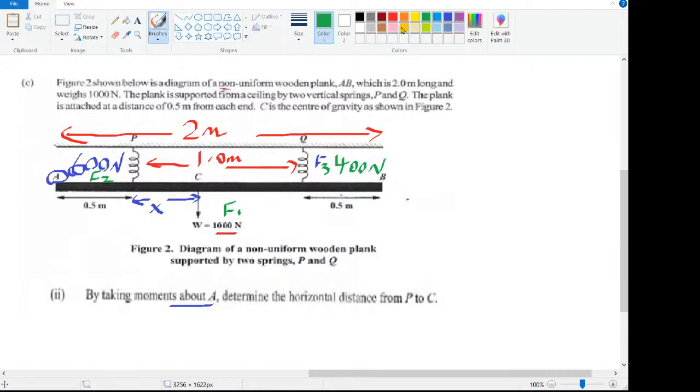Alright, so let me write that here. F1 D1. So F1 could be W, right? F1 D1, that weight being balanced by the two springs, F2. Oh, there's a Hooke's law question and this spring question here. The real dread with these springs, boy. Alright, so F1 is 1,000.